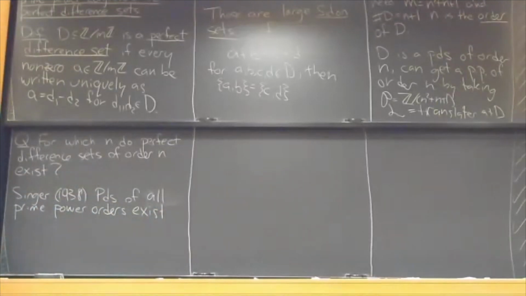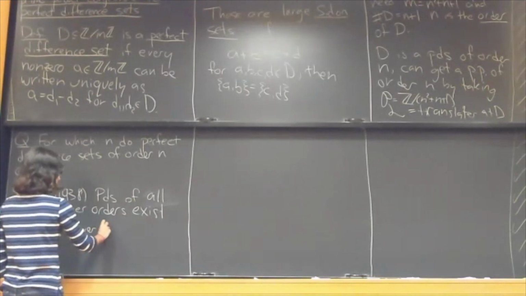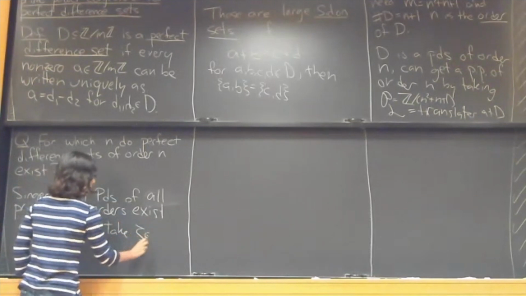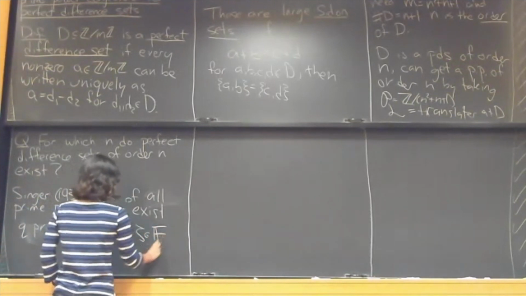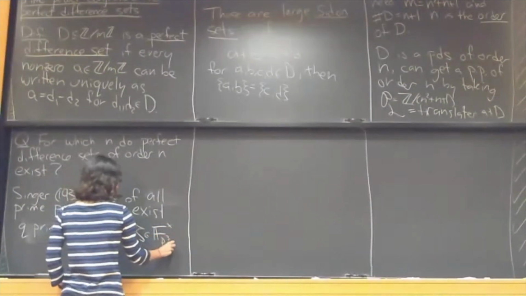And the construction is pretty easy. So we just take q to be our prime power. We take zeta to be a generator of the multiplicative group of F_q cubed.